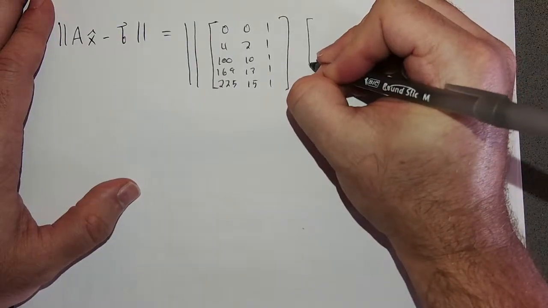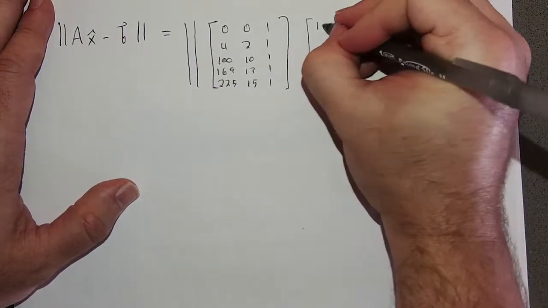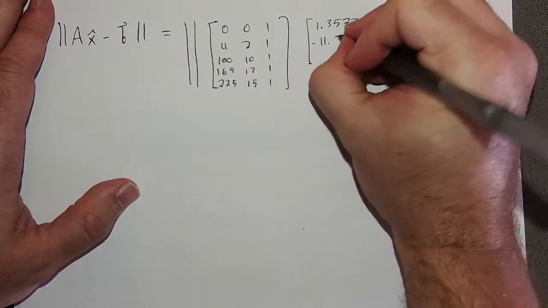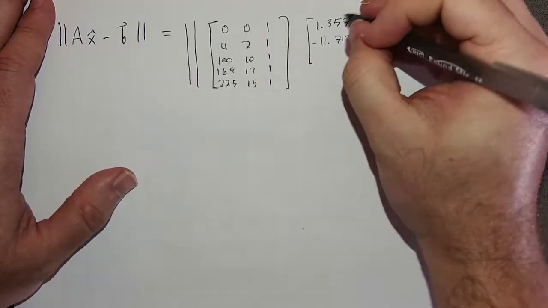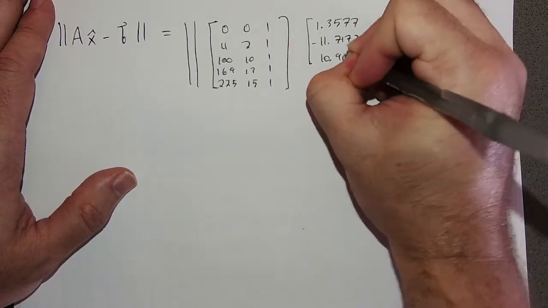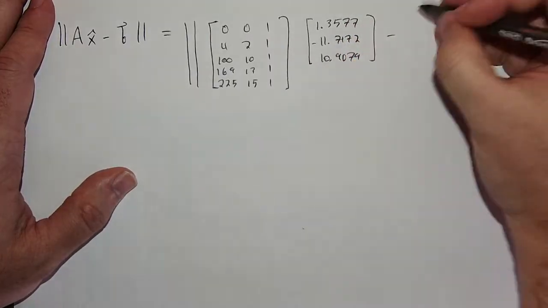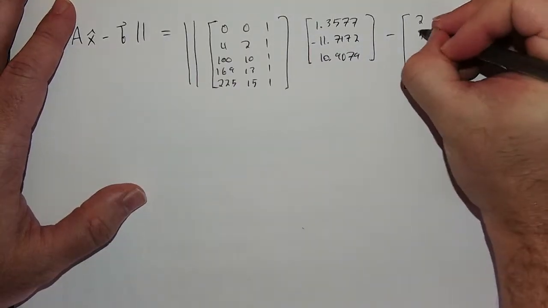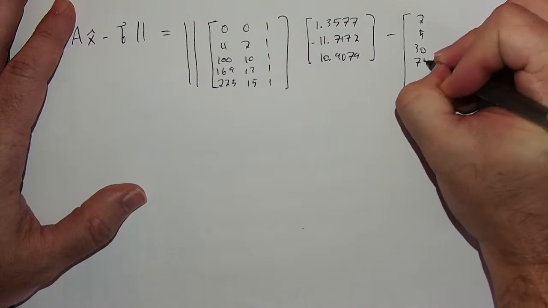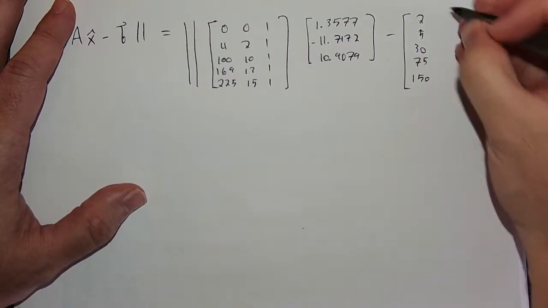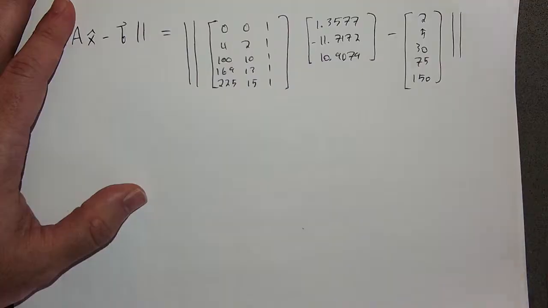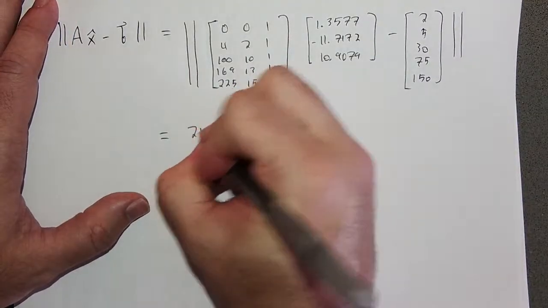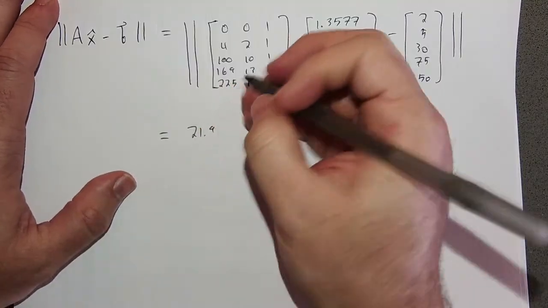Times this vector that I found, this least squares solution, which is 1.3577, minus 11.7172, and then 10.9079, minus a vector on the right, which is 2, 5, 30, 75, 150. And when you compute this length, you will find that it is like 21.9904.